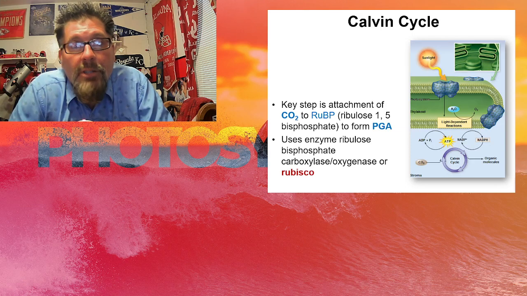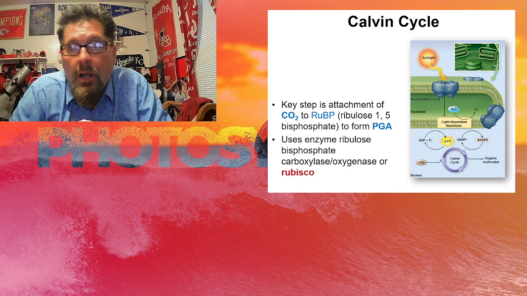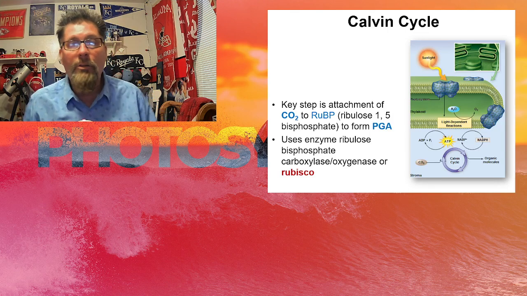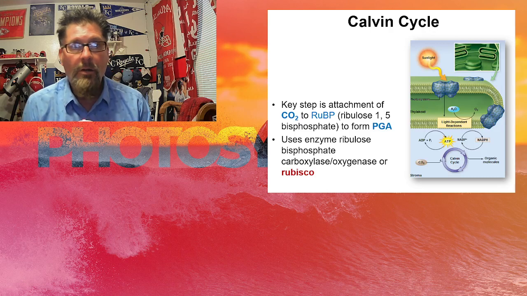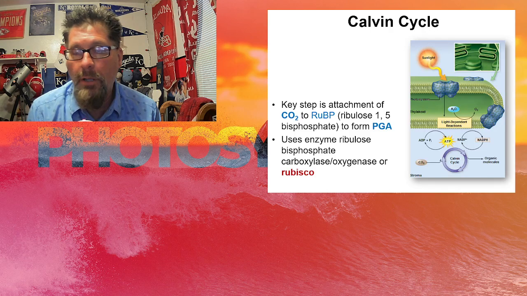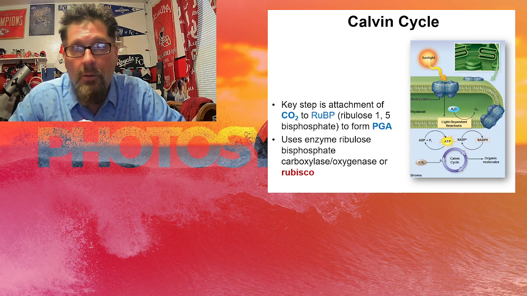So some key steps, as you can see, some things that are important, and when we look at the cycle in the next screen, some things that are going to be happening is that right off the bat, the carbon dioxide is broken apart and the carbon molecule is added to the RuBP and forms a molecule called Rubisco.